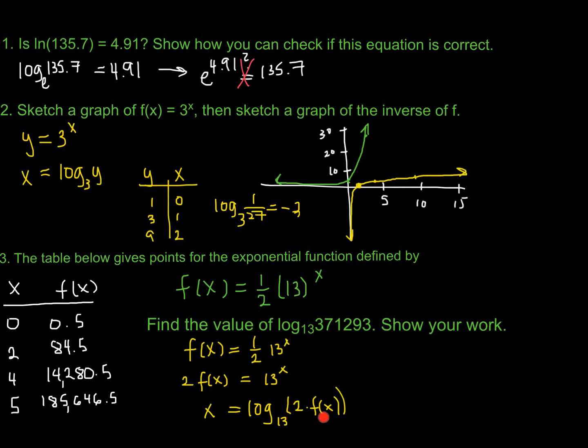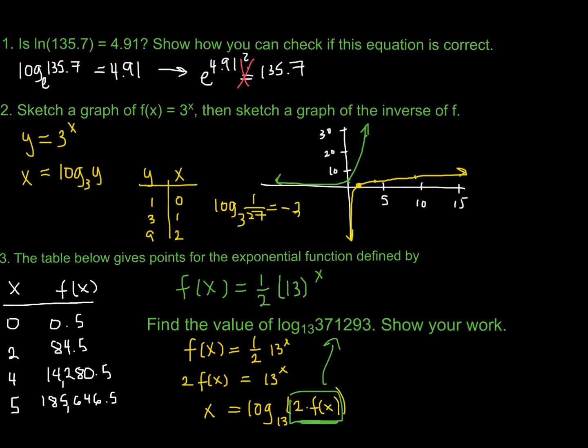So we want to somehow find a way to make 2 times f of x equal to 371,293. Well, the argument of my logarithm function is 2 times f of x. So are there any f of x values which when I multiply by 2 will equal 371,293?